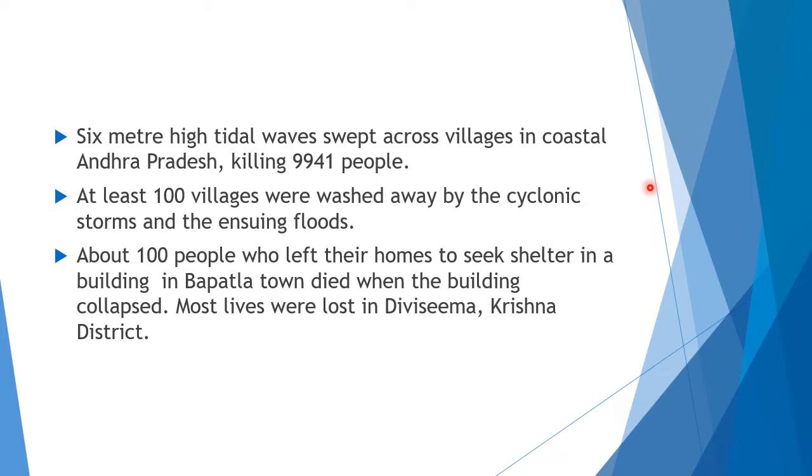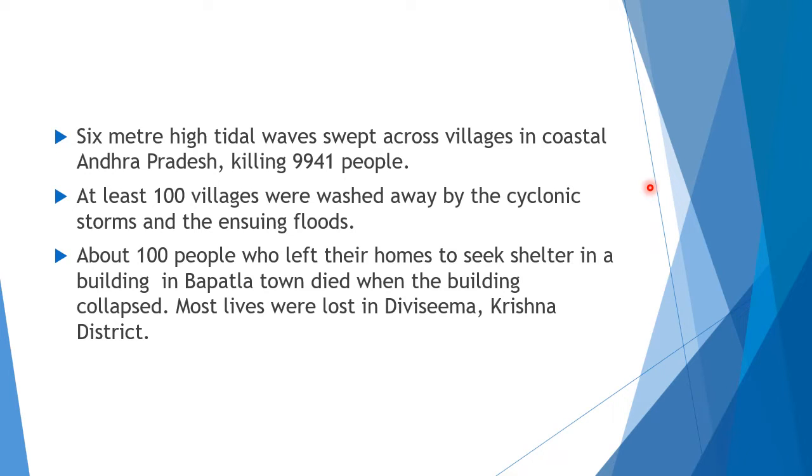They went to save their lives, but the building was old, and it collapsed. Many of them died, and most of the lives were lost in Divisima. It is an island of the Krishna River, after the Prakasam barrage. That Divisima totally vanished at that time. Many people lost their lives because of this cyclone.